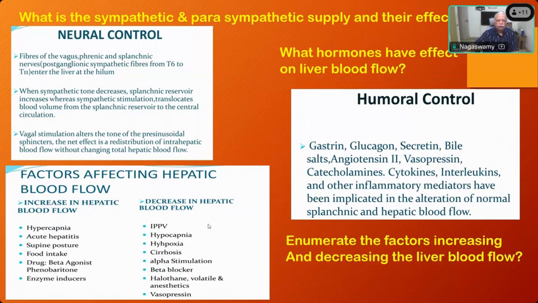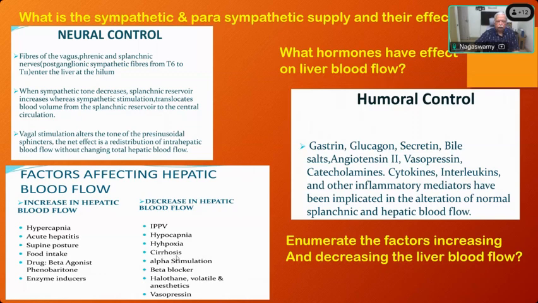Factors which decrease the hepatic blood flow are IPPV. Whenever we do controlled ventilation, we should try to avoid too much PEEP or high airway pressures. Hypocapnia, hyperventilation, and washing out of carbon dioxide should not be done. No hypoxia.